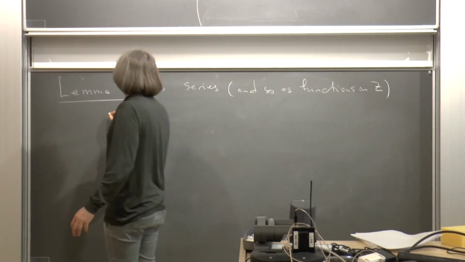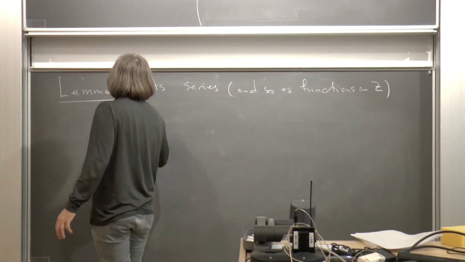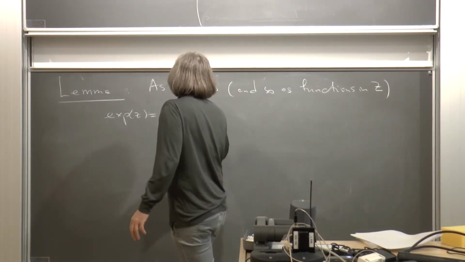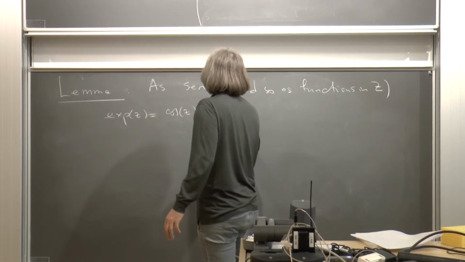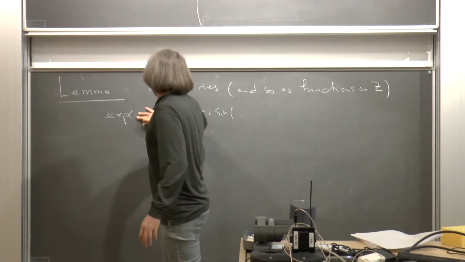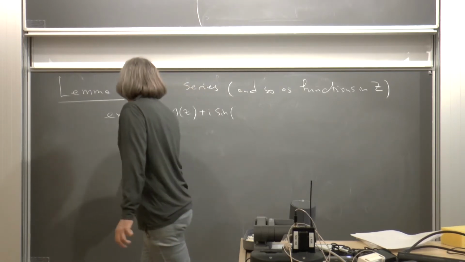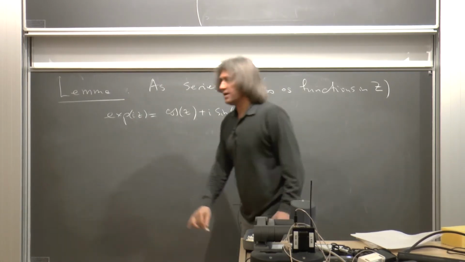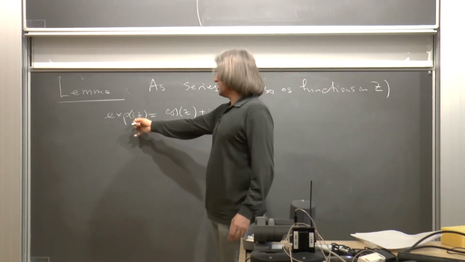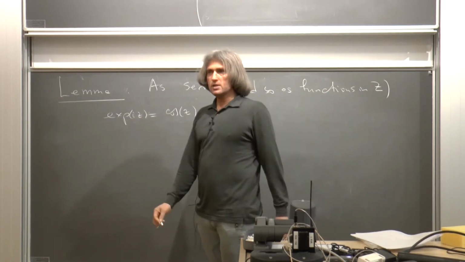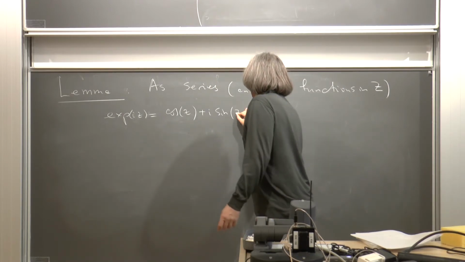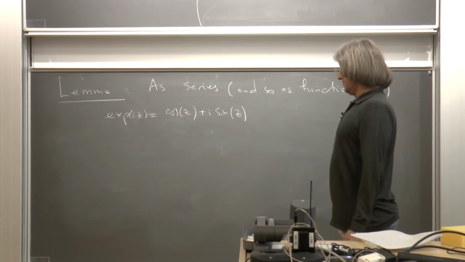So we have that the exponential function of iz is cosine of z plus i sine of z. So we need to make coefficients change signs, and for this we put i here, and so we'll get this.